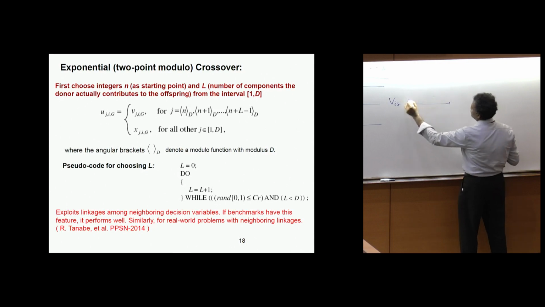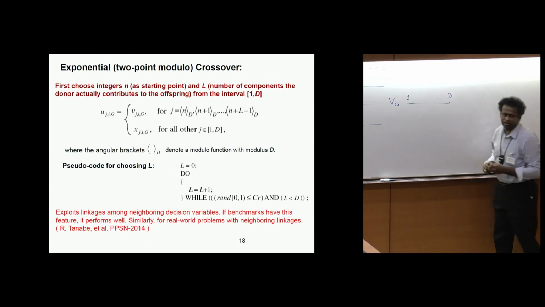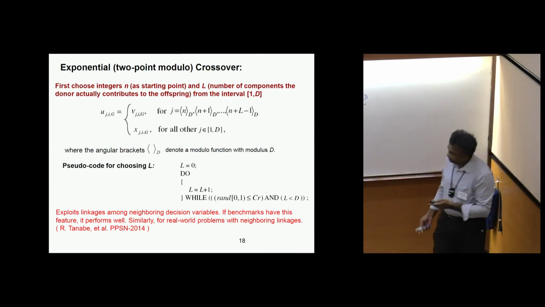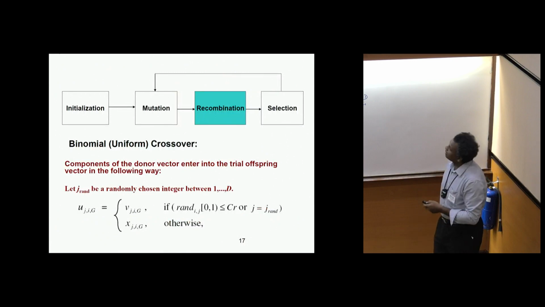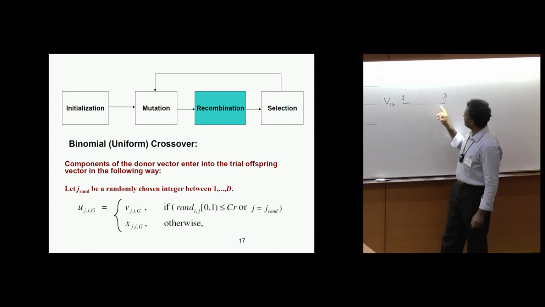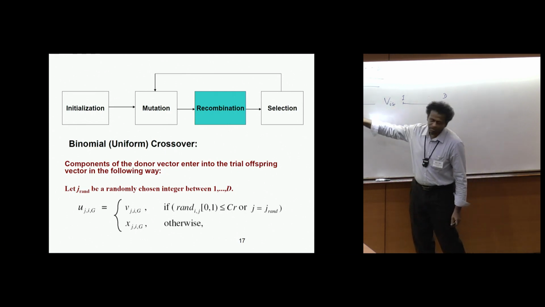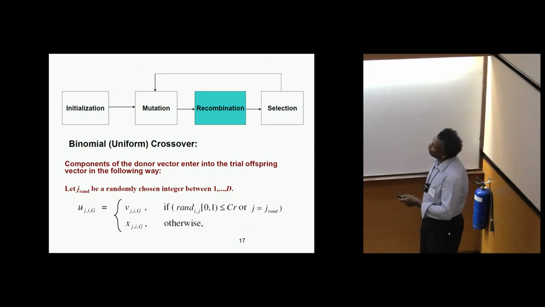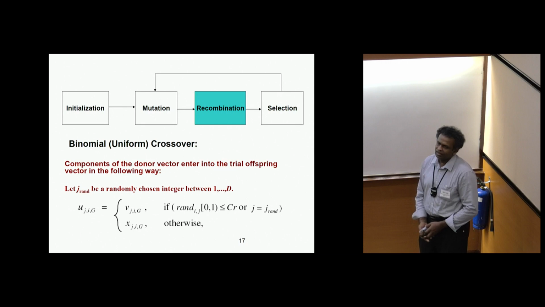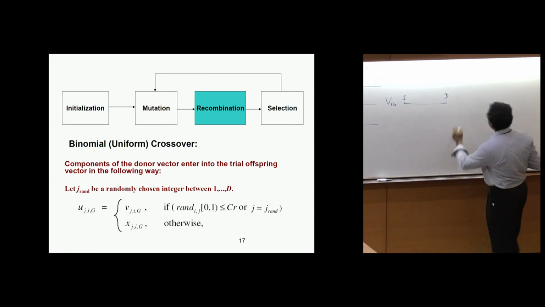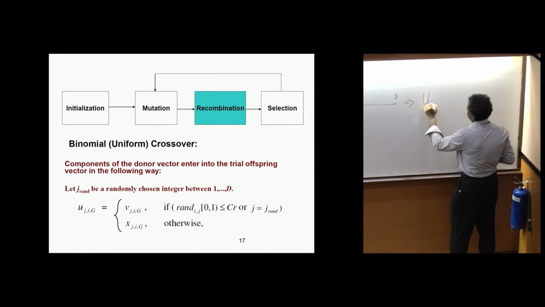The mutant vector is also a 1 to D dimensional vector. Otherwise, the element is taken from the parent. So you take individual elements either from the mutant vector or from the parent, depending on the CR. That gives you your offspring. So U is the offspring. Once you do the crossover between the mutant vector and the parent, you get the offspring vector.